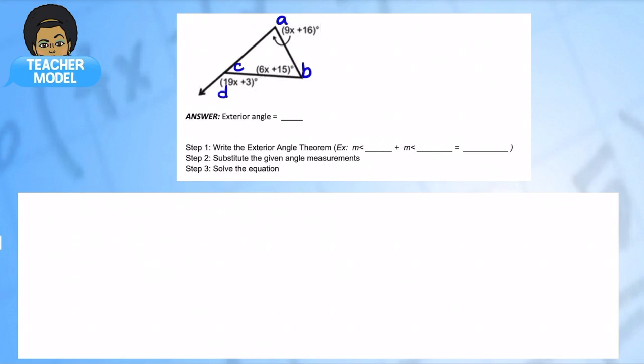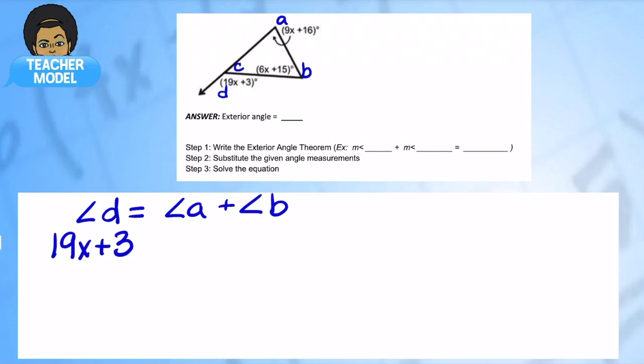And I'm gonna use that same method. Angle D is equal to angle A plus angle B. All right, not the one touching. I'm going to make it equal to the other two. In this case, we're going to substitute all our expressions. So 19x plus 3 is equal to 9x plus 16 plus 6x plus 15.